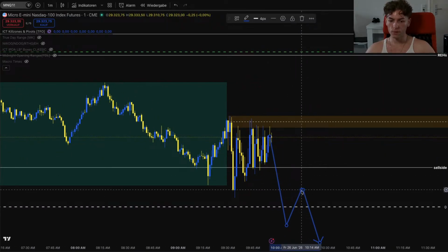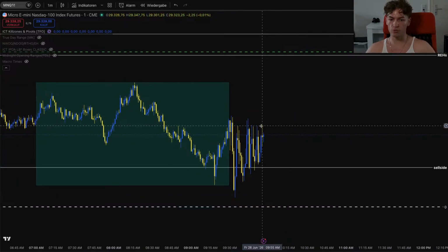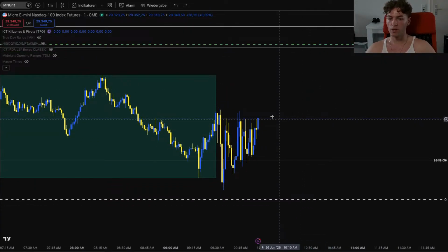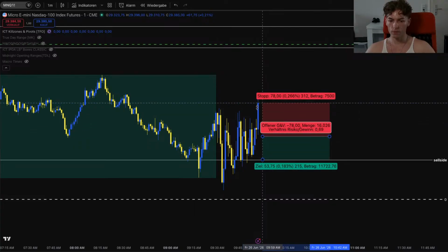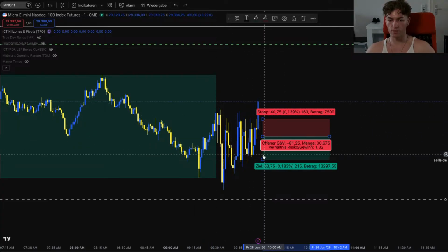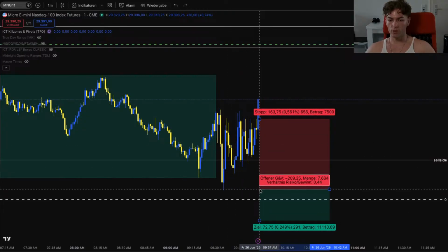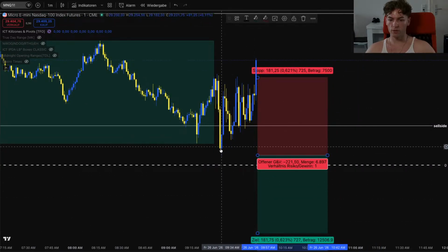So I think retail is looking for shorts, and I want to see retail get trapped short. What do I mean by that? I mean when retail is looking for shorts, let's say retail is taking that short. For example, they viewed this as resistance and they take that short, or take this breakout, whatever they are entering on. So whenever they are looking for shorts in here, they have their stop loss above these highs.